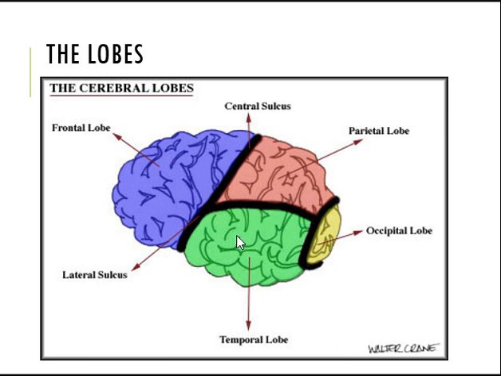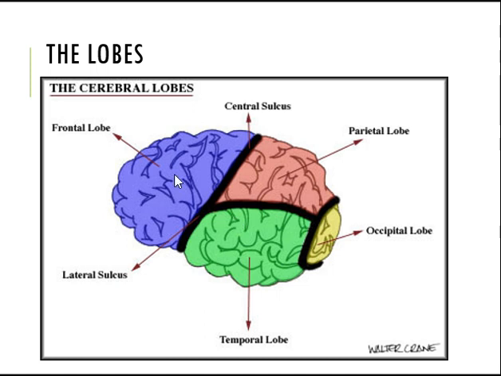But the lateral sulcus will divide the temporal, parietal, and occipital lobes. And then finally, back here by the occipital lobe, we have the occipital sulcus, which separates the occipital lobe from the parietal and temporal lobes. So this is definitely another important image, but broadly speaking, if you take another neuroscience or brain-related course, these are all important to keep in mind when you're learning new information about the brain.